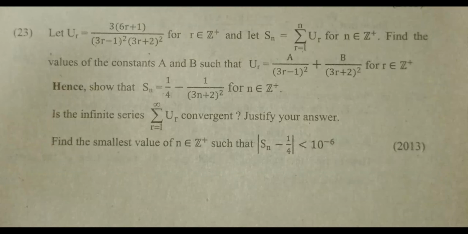We justified that. Find the smallest value of n belonging to positive integers such that the modulus of Sn minus 1/4 is less than 10 to the power minus 6. That's the easiest one.